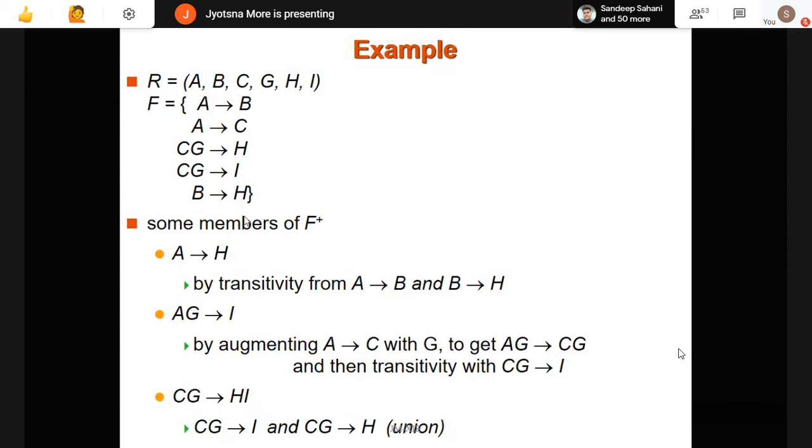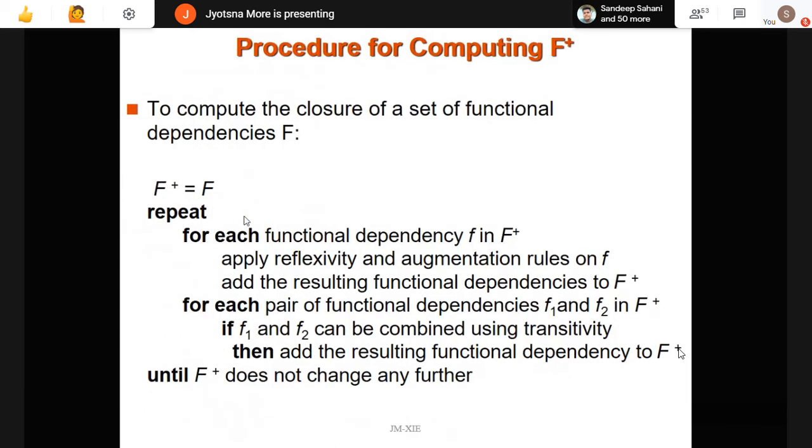Next, for the functional dependencies which we have created right now, they have given an algorithm to find out the closure. Initially, I will consider my closure set of functional dependencies as whatever functional dependencies they have given. It is the same way you do coding in other languages.